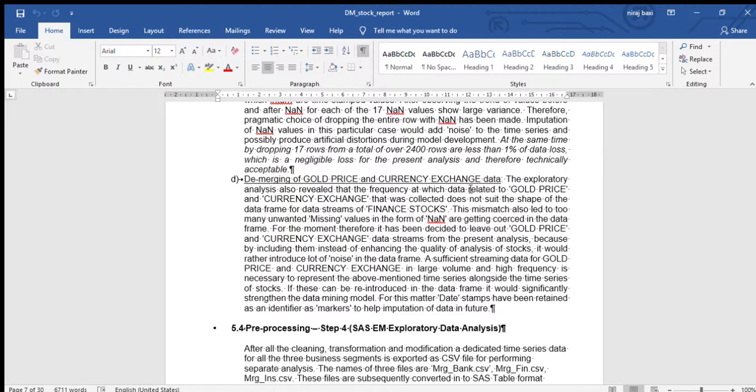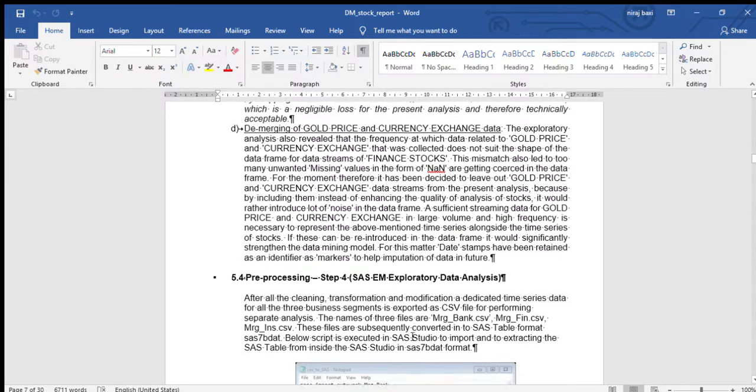So we decided to demerge the gold price and currency exchange and remove them from the original data frame mrg_dat, so that we reduce the noise and the missing values, because there was no way to match the gold price and currency exchange timestamps with the stock market timestamps. There are different ways of doing it, which is not part of this assignment. So in order to get a good quality, good representation, transformed data frame for good quality data mining, we needed to demerge the gold price.